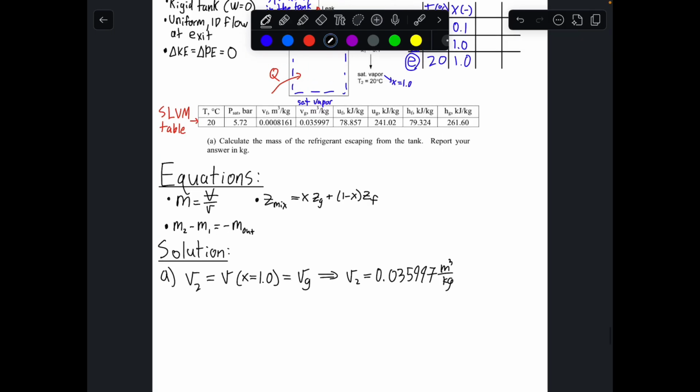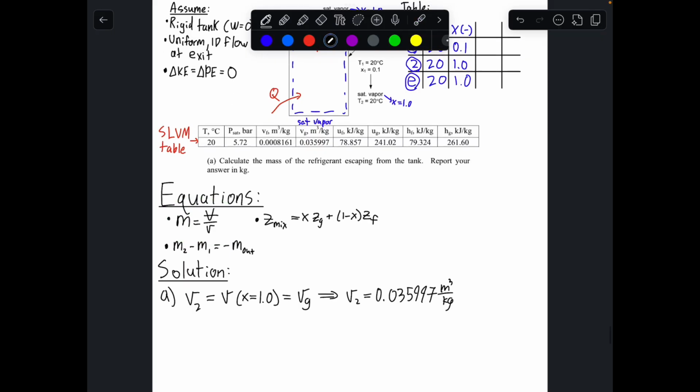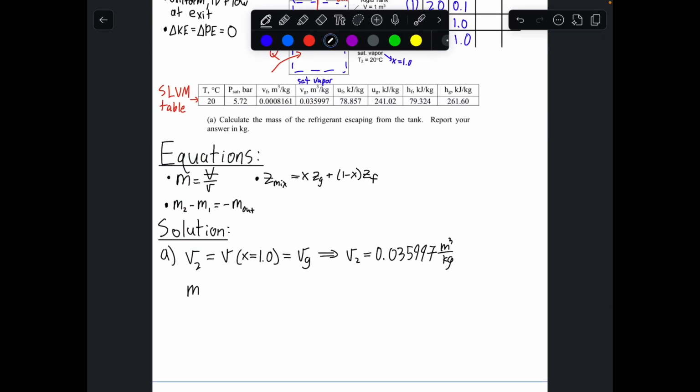And then we can use that to find the mass at state 2 using this equation like we said. So we can just do that right now. Our mass at state 2 is going to be equal to our total volume divided by our specific volume at state 2, which is going to be 1 cubic meter divided by 0.035997 meters cubed per kilogram.